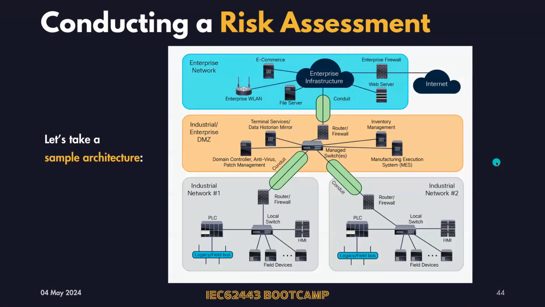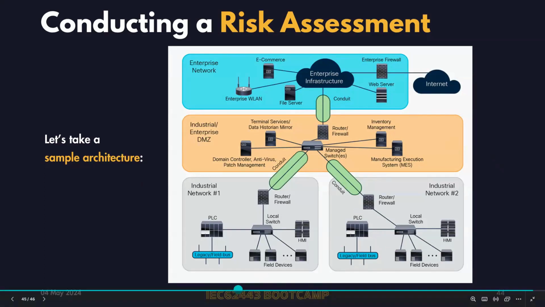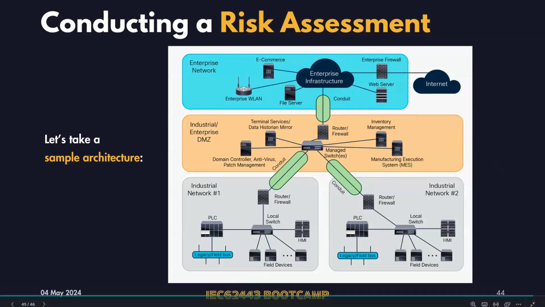For today's risk assessment, I have taken this sample architecture from the Cisco website. It has many different zones. For example, industrial network zone number 1 has the field devices and the PLCs, local switches, router, firewalls. The same set of devices and components are available in industrial network zone 2 as well.